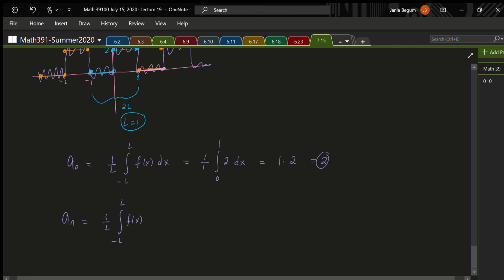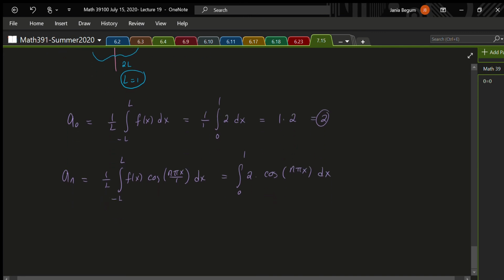We have cosine of n pi x over L, L is 1, dx. So then plug in f of x. F of x is 2 on the interval 0 to 1. So we have 0 to 1, f of x is 2 times cosine of n pi x dx. So what we're really doing is integrating cosine. So what is the integral of cosine?